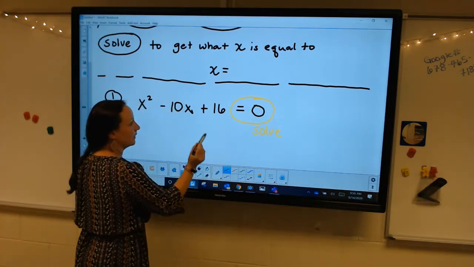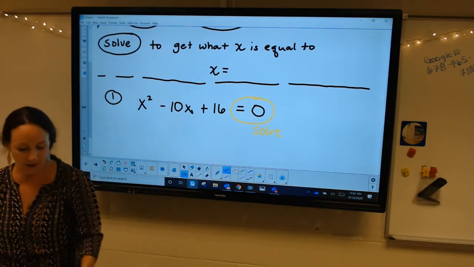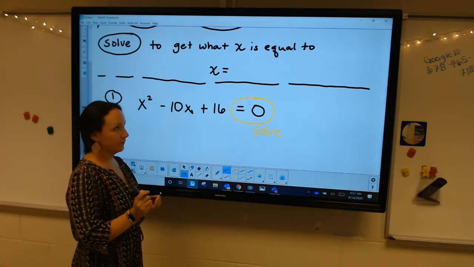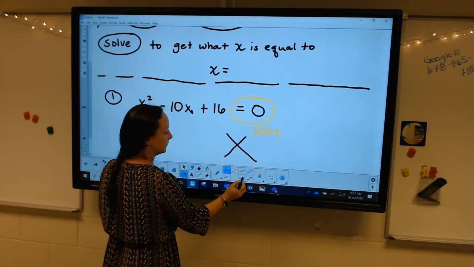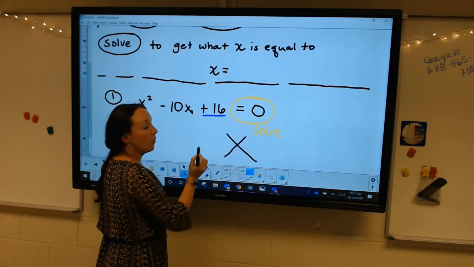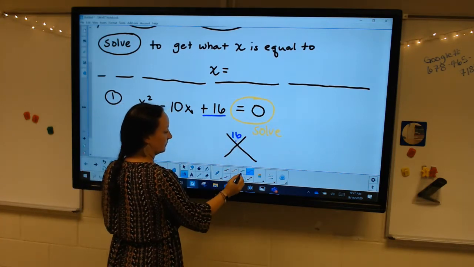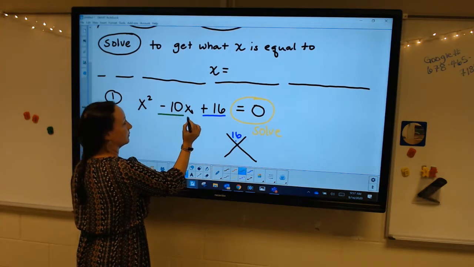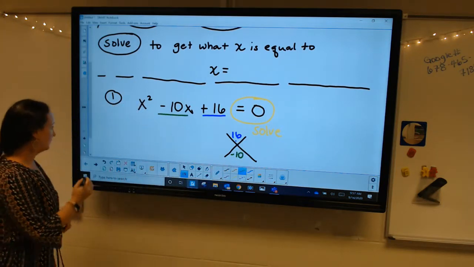But we're going to take the original steps that we took when we started factoring. So I'm going to look for two numbers that multiply together to make 16. And when I combine those numbers together, they're going to give me a negative 10.